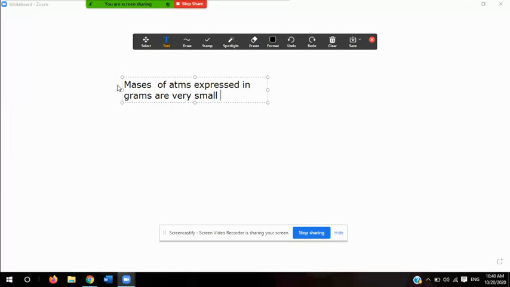And when chemists study chemical calculations, they use a relative atomic mass.